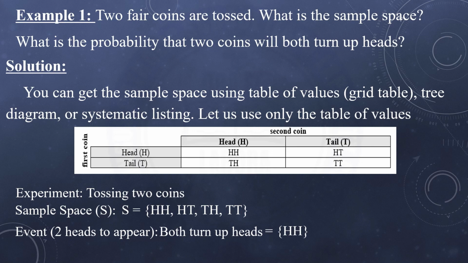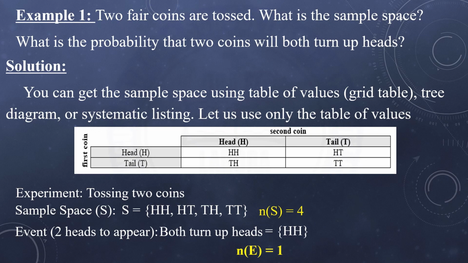As you can see, the number of sample space, or the total possible outcome, is 4. So that is why we use this notation, N of S is equal to 4. And the number of both coins turned up head is only 1. So we have this notation, N of E is equal to 1.